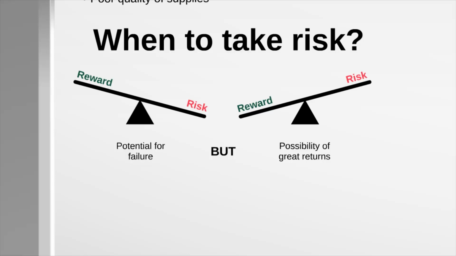So it's not that binary that we can just say, oh, well, there's a 90% chance of success in this one, and there's a 90% chance of failure in this one here, when there are potential rewards still in that scenario with a high risk, and there's still potential failure in that scenario with the high chance of rewards. So risks must be managed against the cost of risk management.